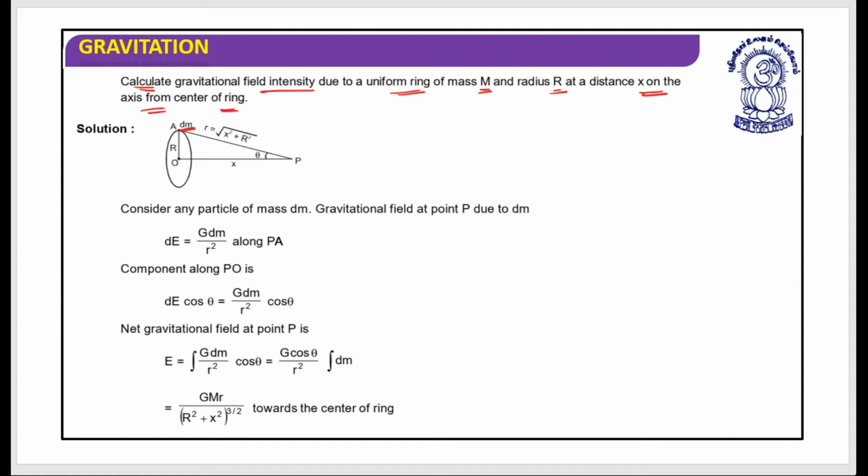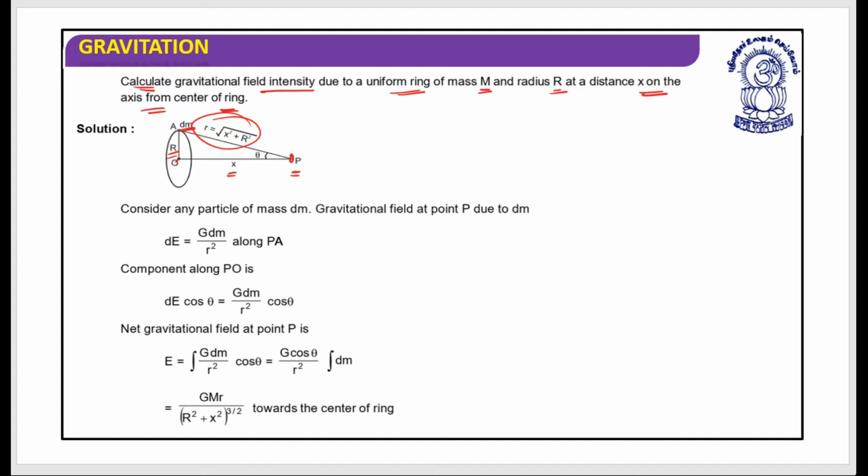This is the ring, and on its axis at the location x from the center, I want the gravitational field. This is the radius of the ring, which we call r. This is the perpendicular distance from the center of the ring on its axis, it's x. So definitely this will become under root of x square plus r square.